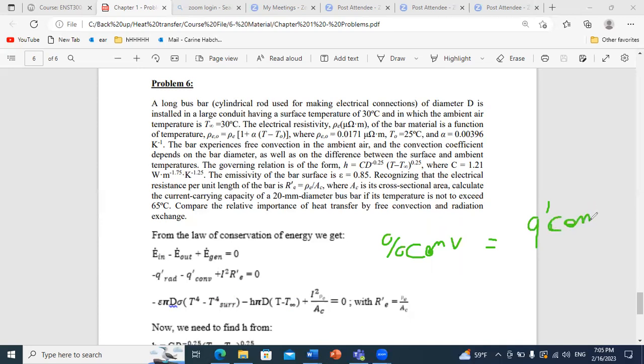The total heat released out is the summation of Q prime convection plus Q prime radiation. You already found each term separately, so you can just plug in to find the percentage of convection relative to the total heat transferred out. Of course, you multiply by 100 if you want it in percentage.